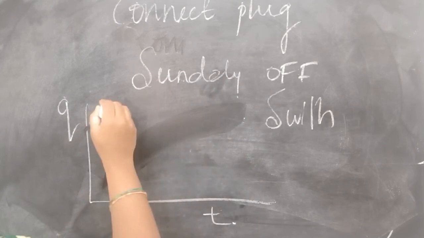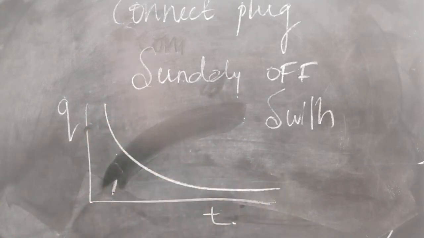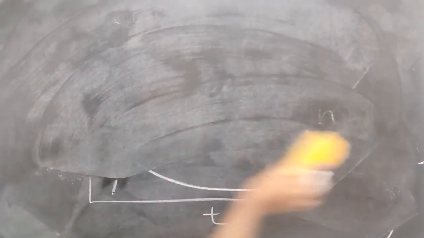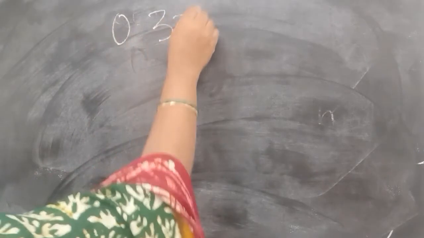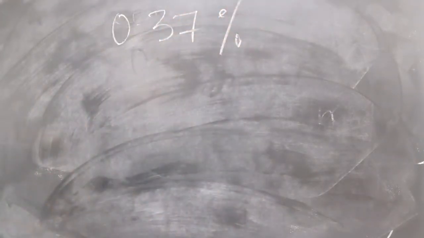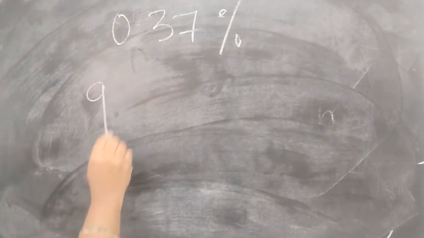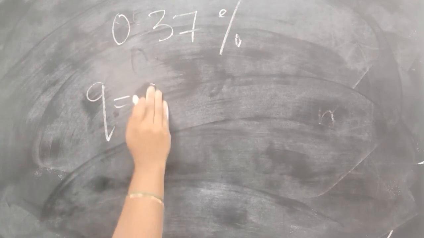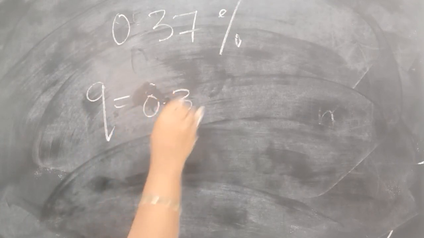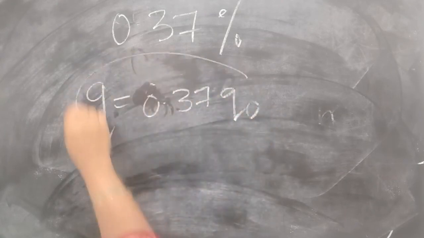This is growth, and decrease means like this. Decay of current, and its time constant here is given by how it is decreasing. It does not suddenly decrease to 0. It is decreasing to the level of 37%, that is, Q is equal to 0.37 Q naught.